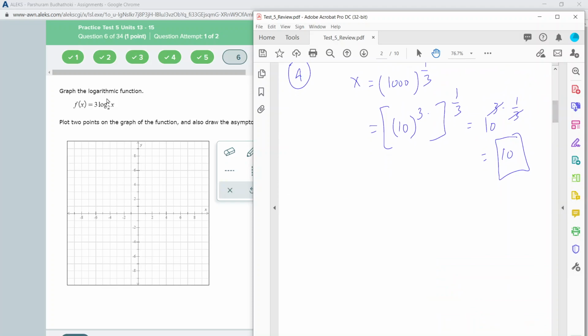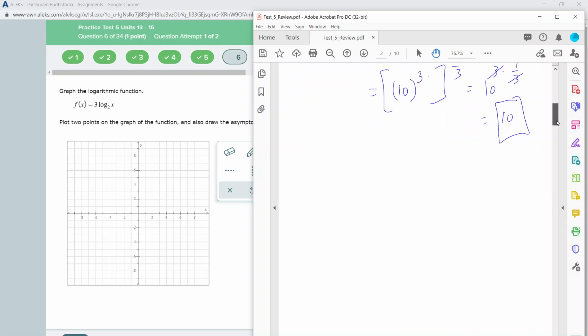One way is to plot the graph of 2 to the power x and switch the x and y coordinates, and that will give you the points for log base 2 of x. Another way is to find the value of log base 2 of x by choosing x equal to 1, 2, 4, something like that, because it is log base 2, so choose values of x that can be expressed as a power of base 2.